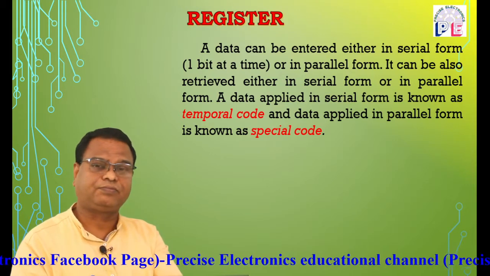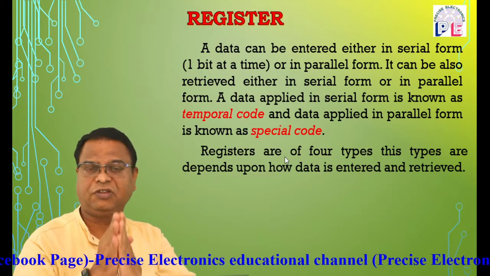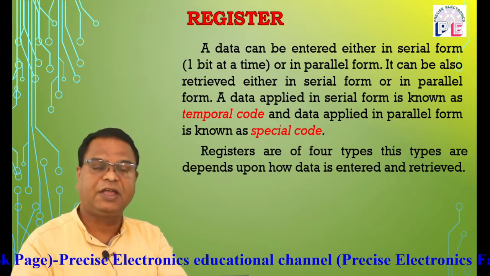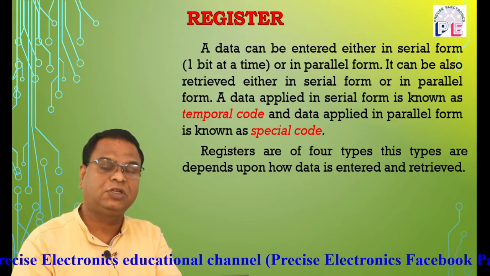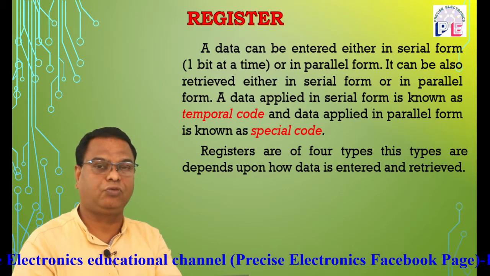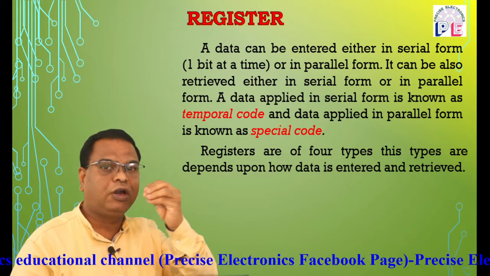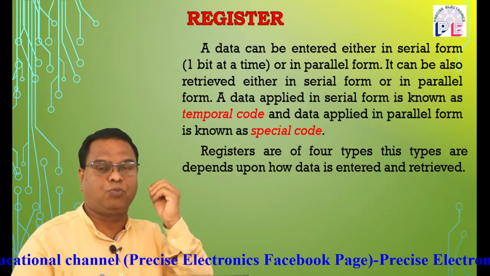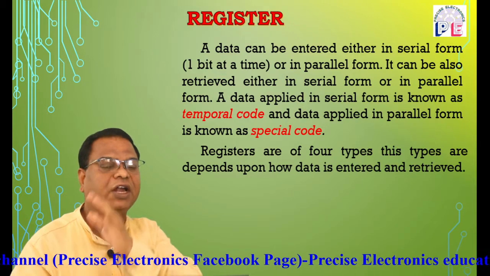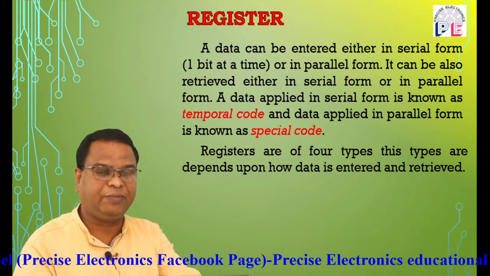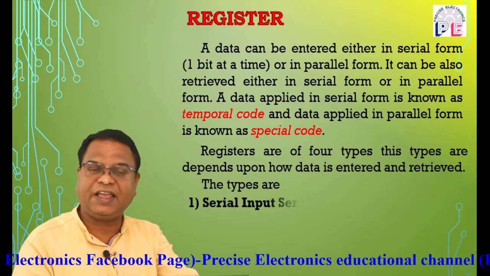The registers are basically of 4 types, and these types depend upon how the data is entered and how that data is retrieved. That means how we are going to feed the data and how we are going to take out the output. The first type is serial input, serial output, that is SISO.